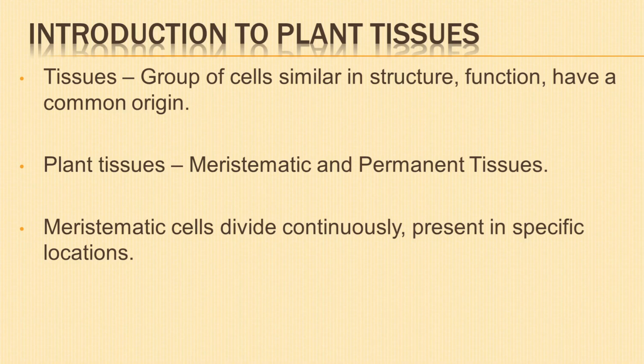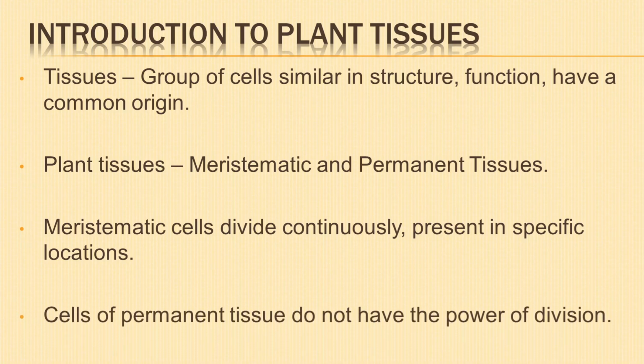They are present only at the growing regions such as shoot tip, root tip, and at the base of internodes and leaves. Cells of permanent tissues do not have the power of division. They differentiate and attain a permanent shape suitable for their function.